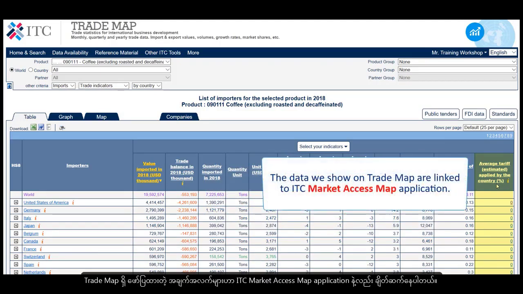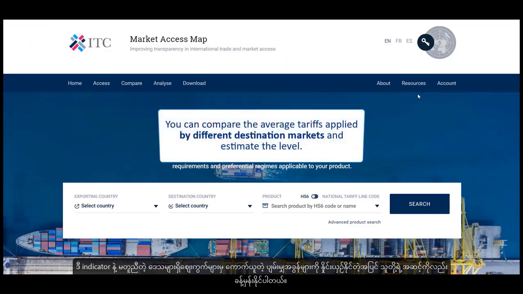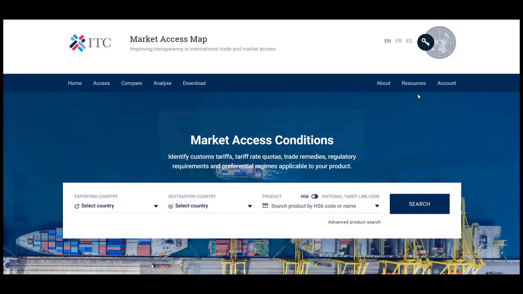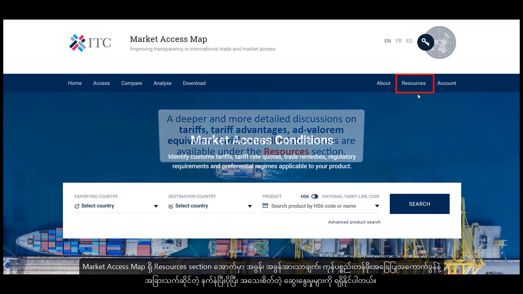The data we show on TradeMap are linked to the ITC Market Access Map application. With this indicator, you can compare the average tariffs applied by different destination markets and estimate the level. A deeper and more detailed discussion on tariffs, tariff advantages, ad valorem equivalent tariffs, and all related issues are available under the Resources section of the Market Access Map.